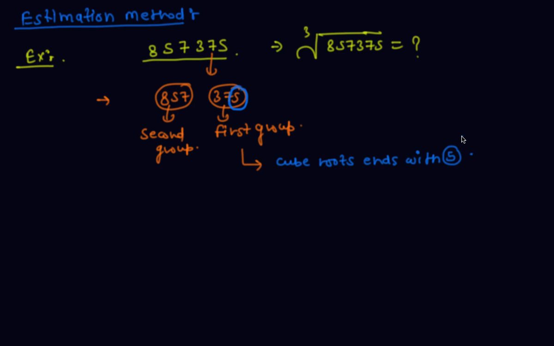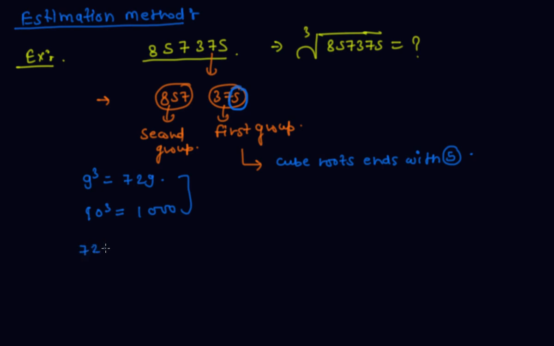Now go to the second group, 857. We know that 9 cubed is 729 and 10 cubed is 1000. So this number's cube root lies between 9 cubed and 10 cubed.